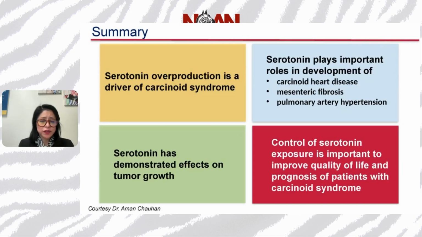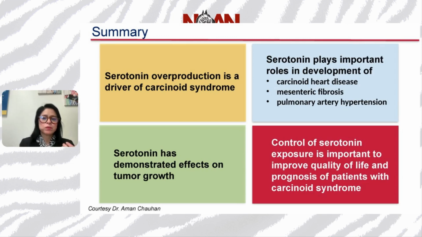So in summary, the excess of serotonin causing carcinoid syndrome, we know that's the driver. This serotonin is the driver to cause these symptoms. Serotonin, we discussed, plays an important role; this excess of hormones can develop carcinoid heart disease and mesenteric fibrosis. I'm sure you have heard this throughout the day.